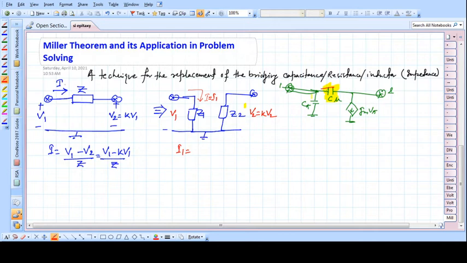So we are just replacing this impedance with this type of structure.